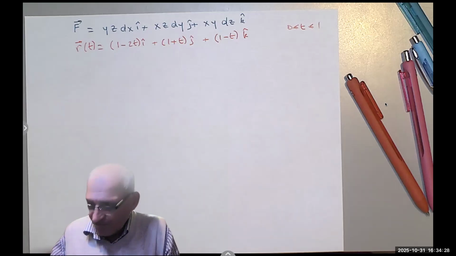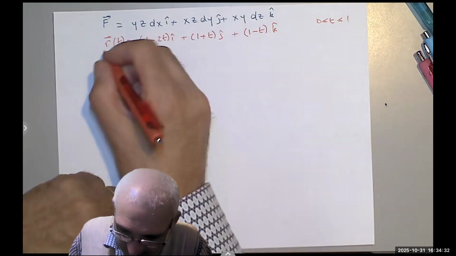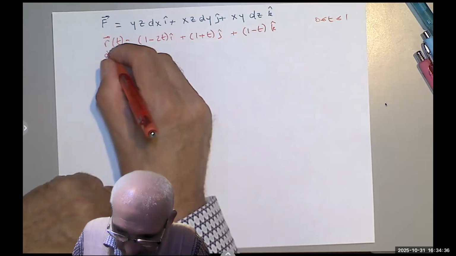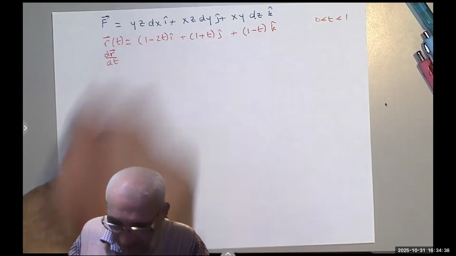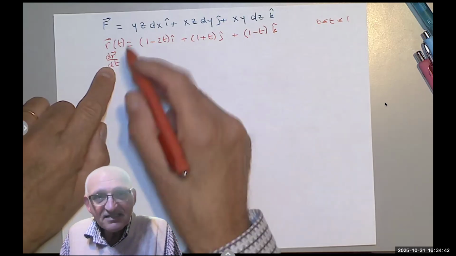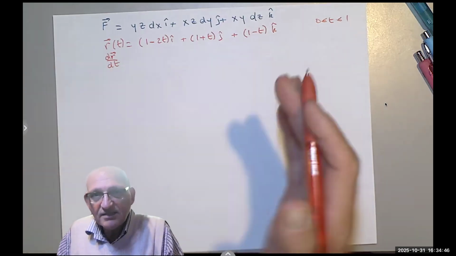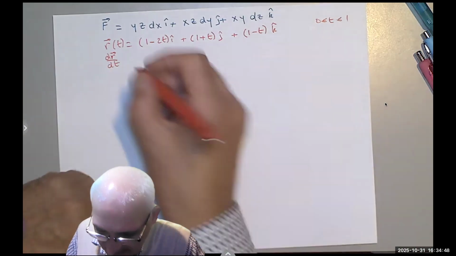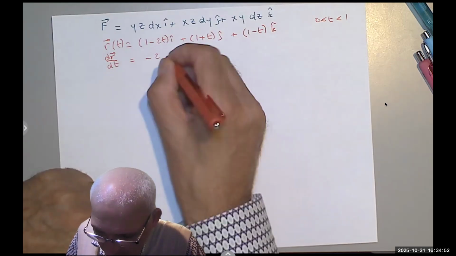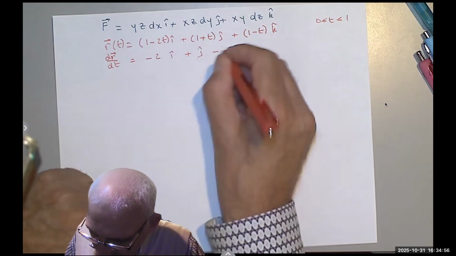As we've done before, we are going to get the dr/dt, and dr/dt here can be written as dx/dt plus dy/dt plus dz/dt times dt. So basically what we are going to write here is simply negative 2i plus j minus k, right?